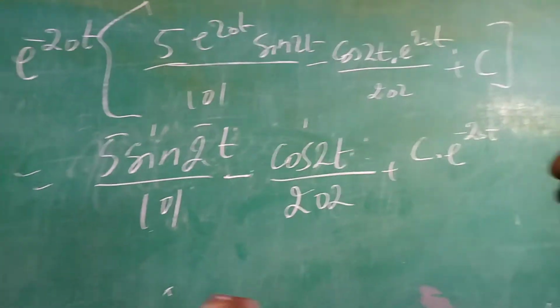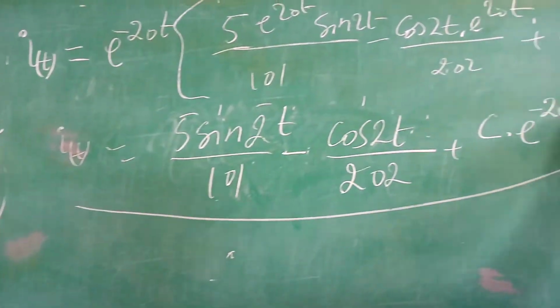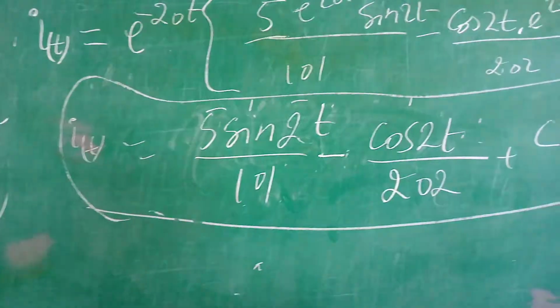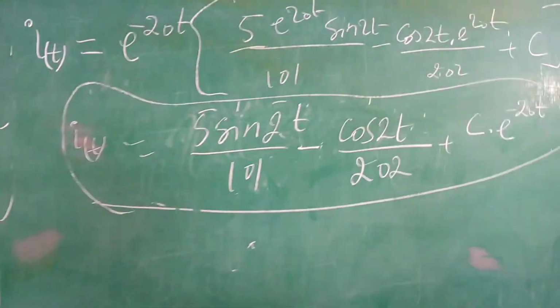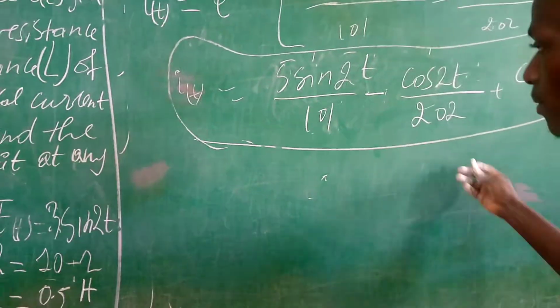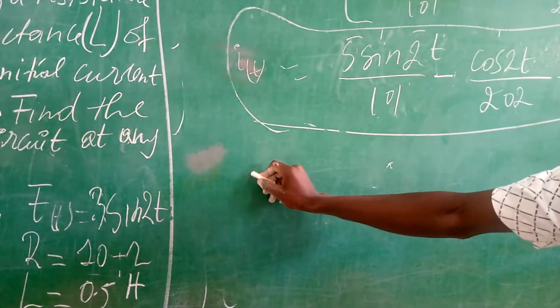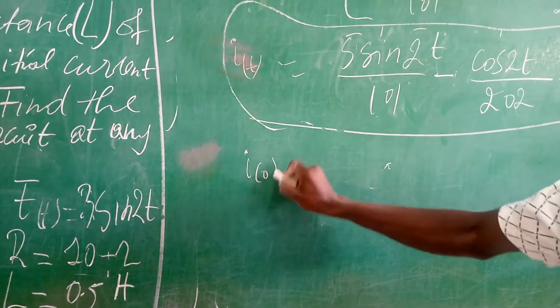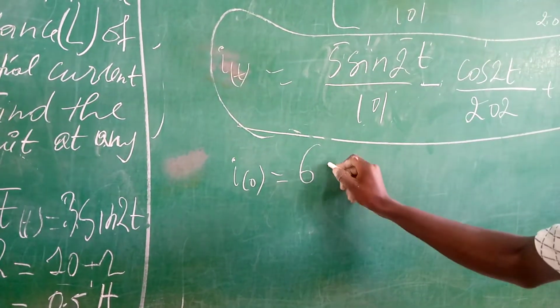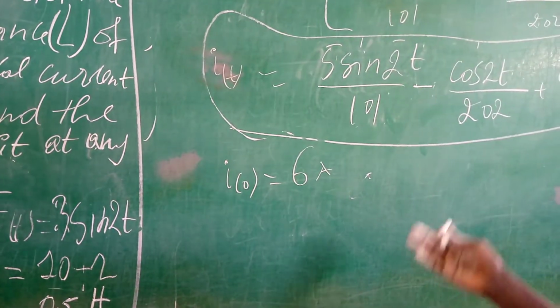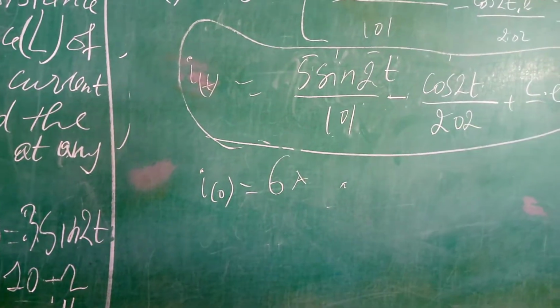This is the general formula for our i, and now let's find its particular solution by replacing this value. We are told that i initially is equal to 6 amperes, and we can use it to find the constant.